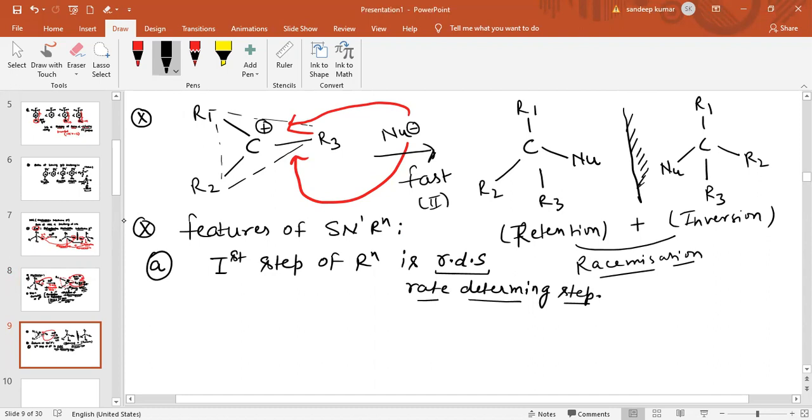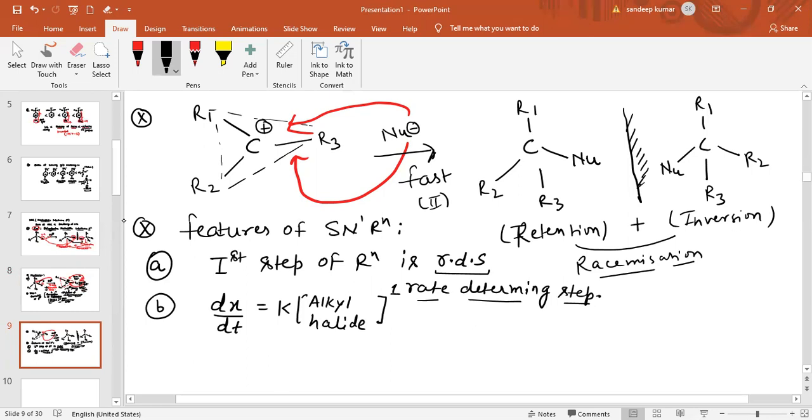Now, the change in concentration, dx by dt, we call the rate. So the rate depends only on the concentration of alkyl halide raised to the power 1.